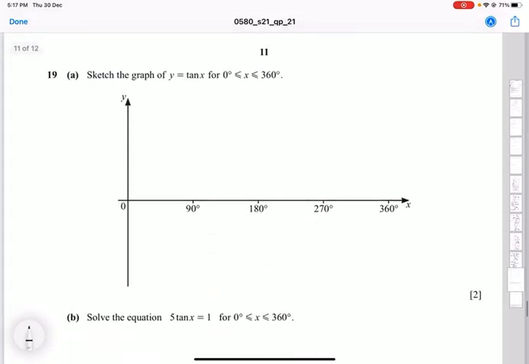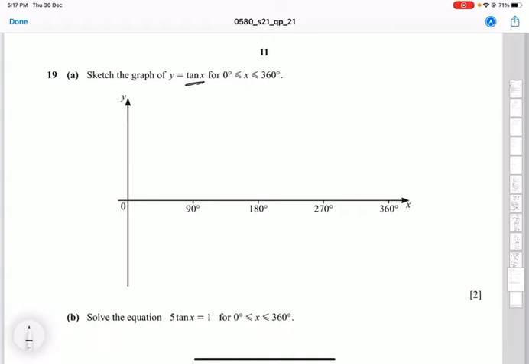Now I'll ask you to sketch the graph of y equals tan x. Tan x, you have to remember this, has a period of 180 degrees. So each segment of the graph oscillates.